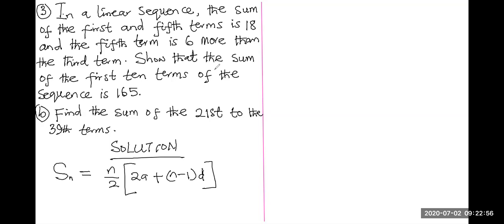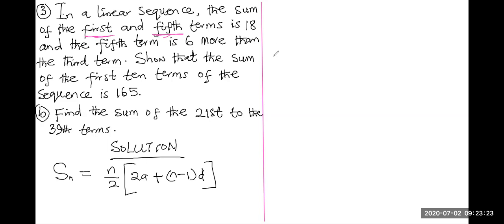When the question says the sum of the first fifth terms, it means that your n is 5. That means you're adding the first plus the second plus the third plus the fourth plus the fifth. So please take note of the English. It says the sum of the first and the fifth, not the sum of the first fifth. Take note of that English there.